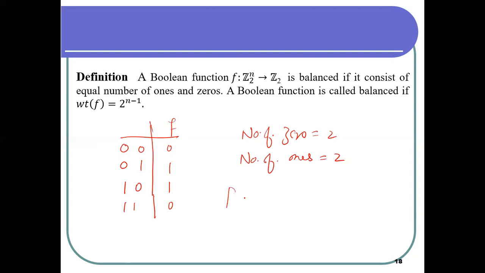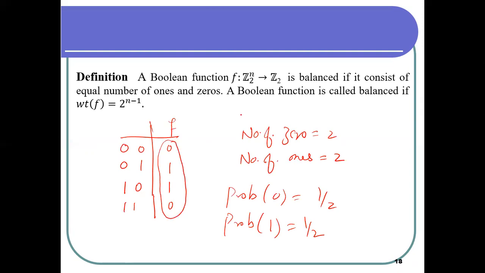So the probability of 0 is 1 over 2, and the probability of 1 is again 1 over 2. The number of zeros and ones is the same, so the function f is balanced.